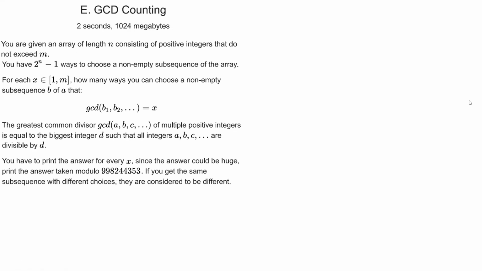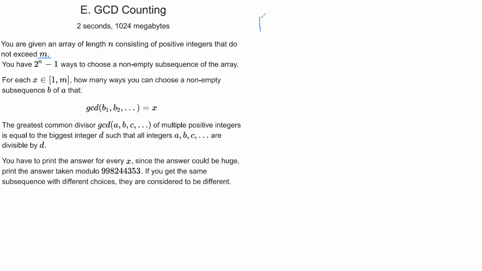Why are we given m at the start? Because we need to create an array of length m to store all the numbers that we have here. Now, for each x, how many ways can we choose a non-empty subsequence such that the greatest common divisor of the numbers in the subsequence is equal to x?